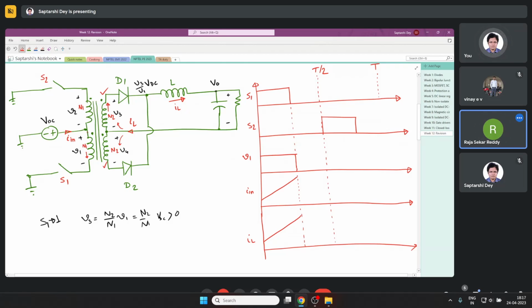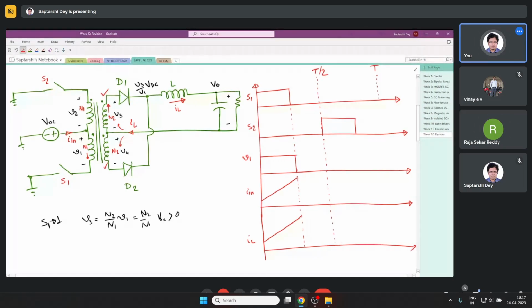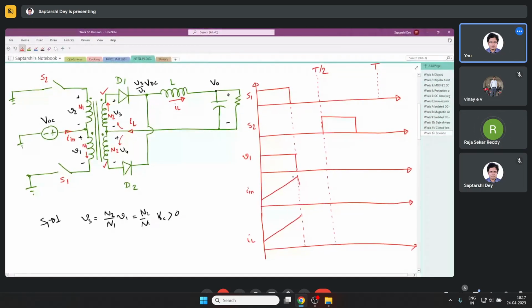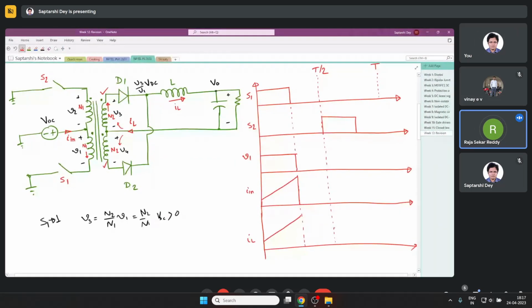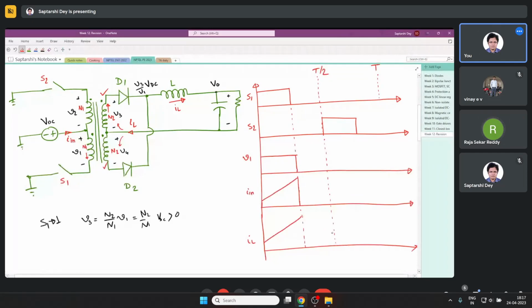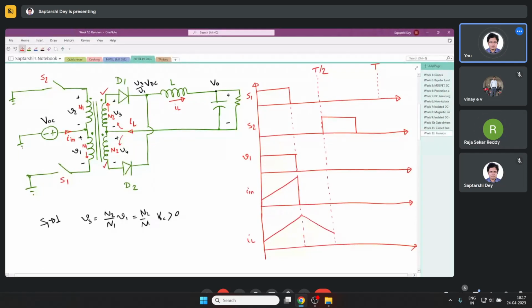And since this is an ideal transformer, it was not carrying any flux at all when S1 was closed also, right? So if you look, I in is 0 and IL drops like this. So this is the thing.